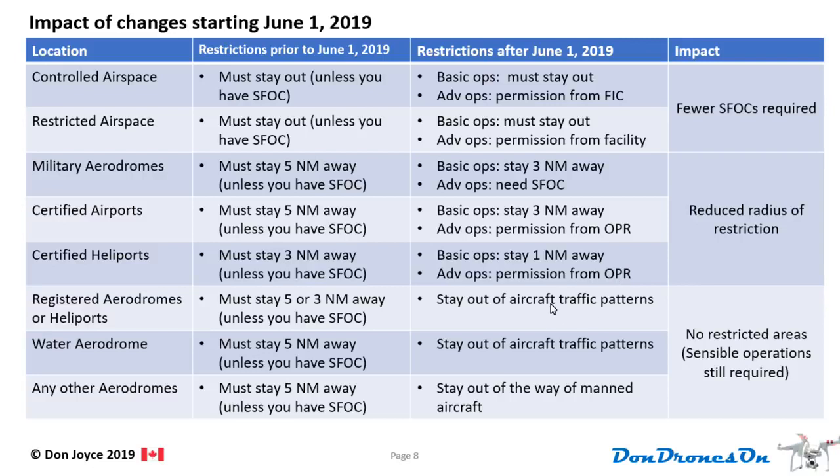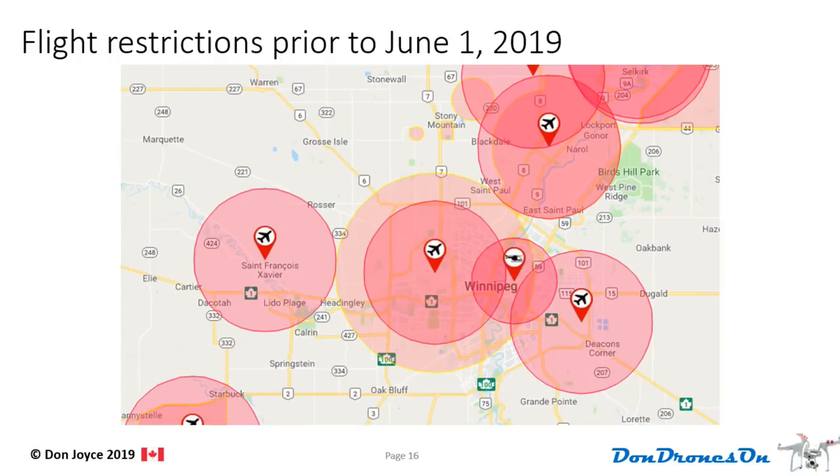And in the case of non-certified aerodromes and even aerodromes that are outside of the CFS, there are basically no restricted areas other than staying out of the air traffic patterns and staying away from aircraft, but no specific geographical layouts that are banned. But you do still need to have sensible operations when you're flying in these areas. So it can be kind of difficult to visualize that. So I thought I'd take an example.